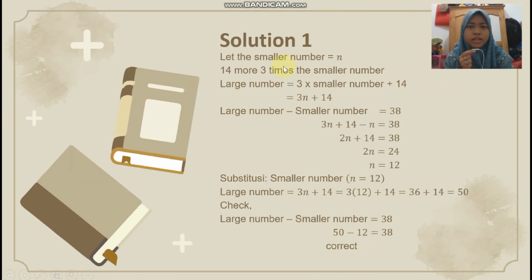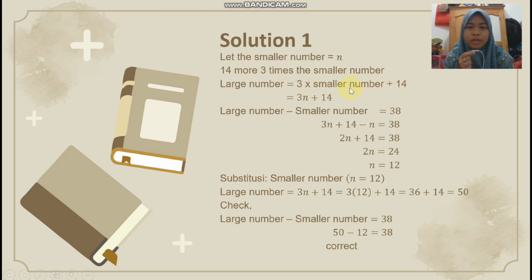Yes, the solution. Let the smaller number be n. And 14 more than 3 times the smaller number. The larger number equals 3 times the smaller number, and for 14 more it will be addition 14.